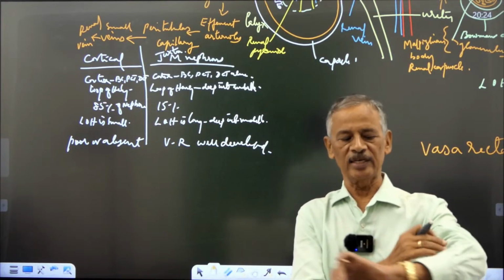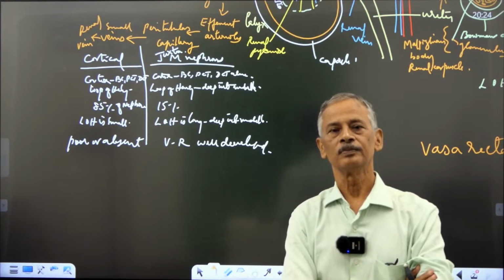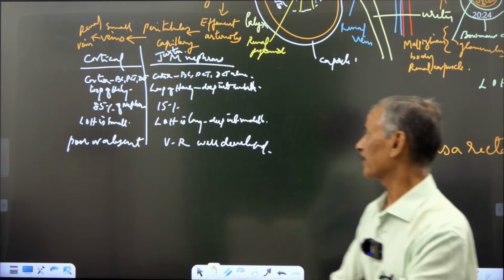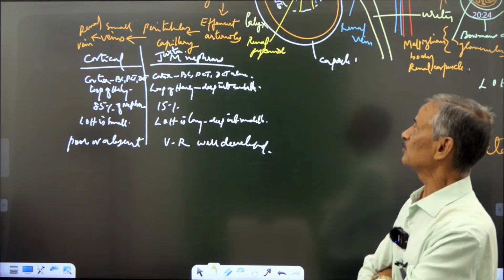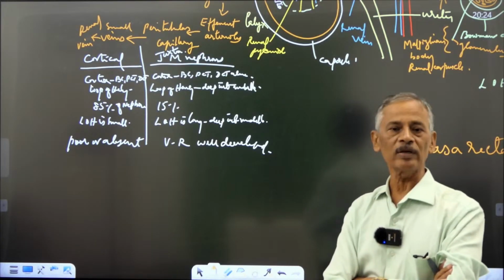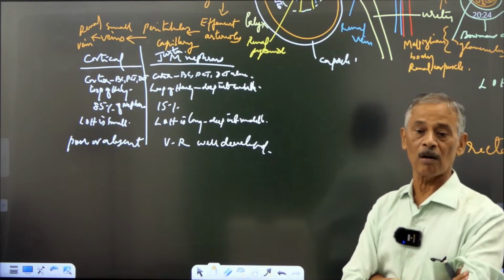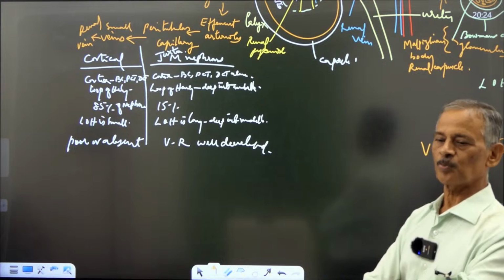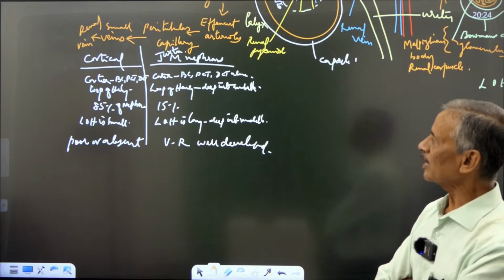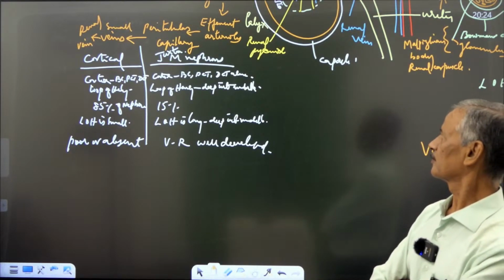Now you understand the differences between these two? So we are having two types of nephrons in our kidneys. Majority of them are cortical nephrons, which are smaller, lying entirely on cortex.